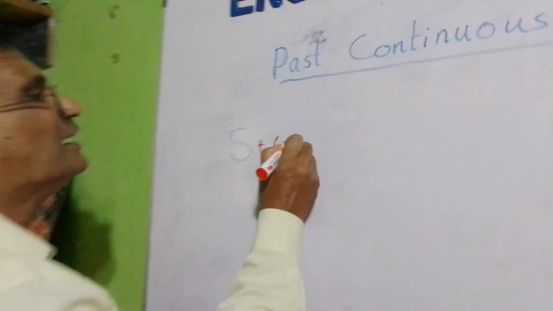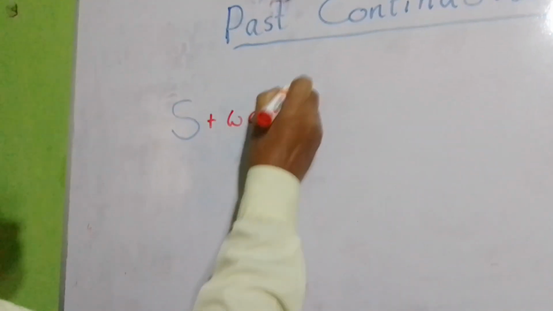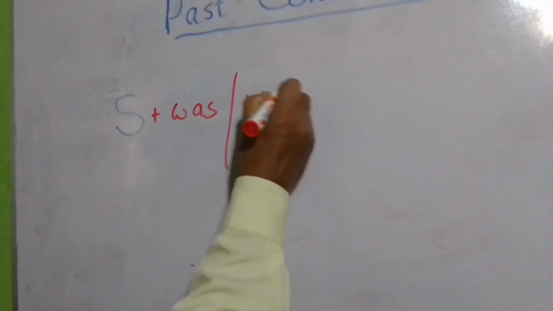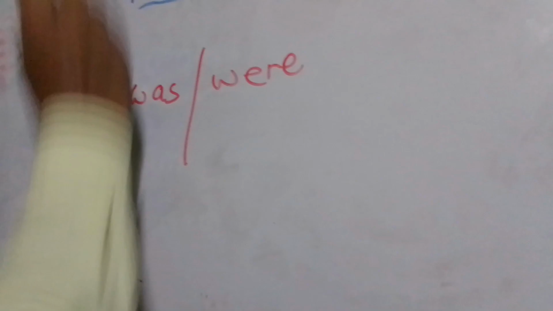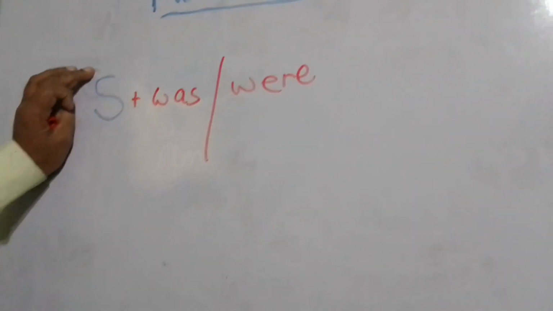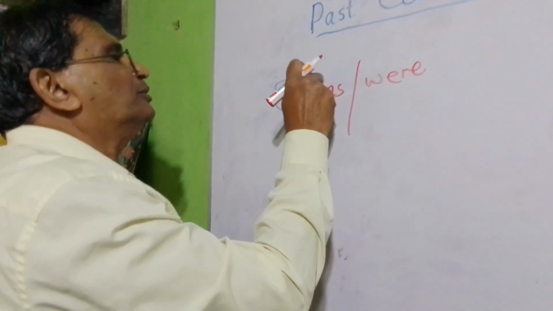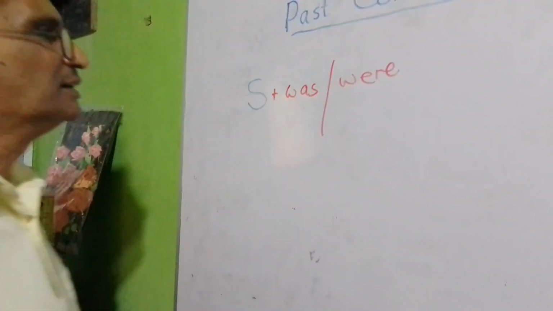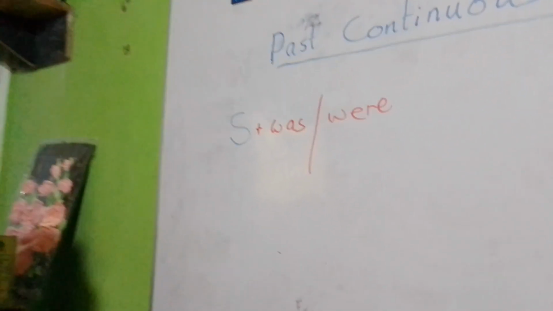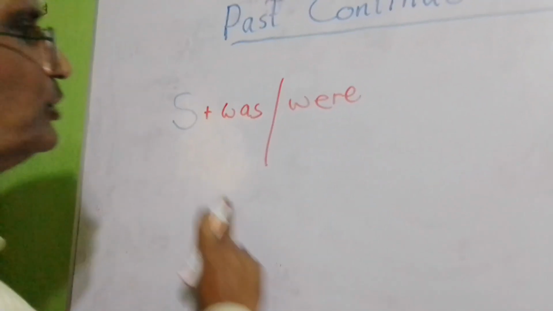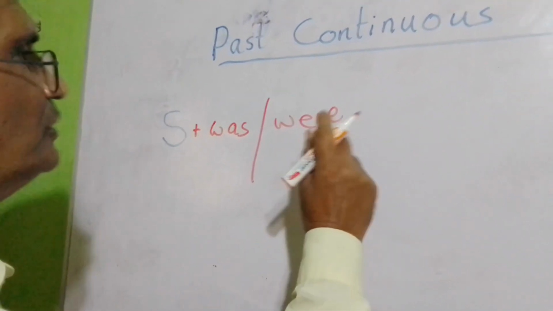You have to write either was or were. When the subject is singular, you have to use the auxiliary verb was. When the subject is plural, you have to use the auxiliary verb were.